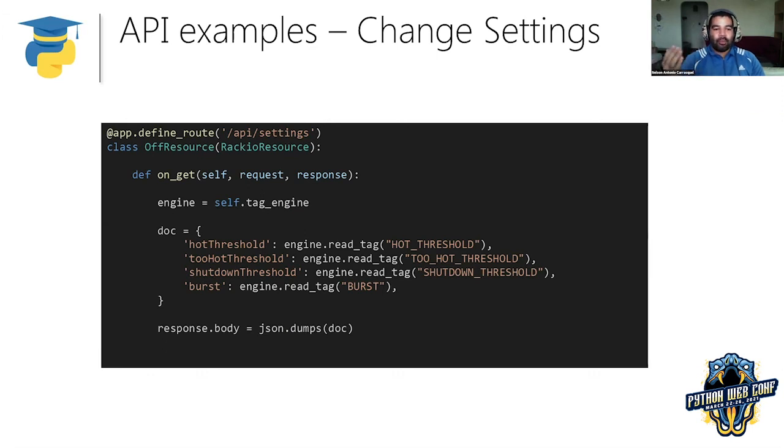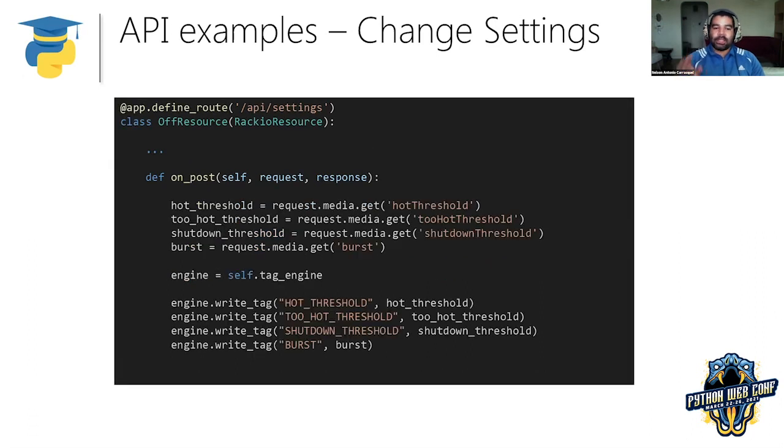And we can define a route for that. We can define a get method on this route using an object-oriented approach. And we can define a post method for this same one, just in case we want to change the values of these parameters. We want to increase the hot threshold, just in case we are in a really cold country. Or we can increase the burst counter.